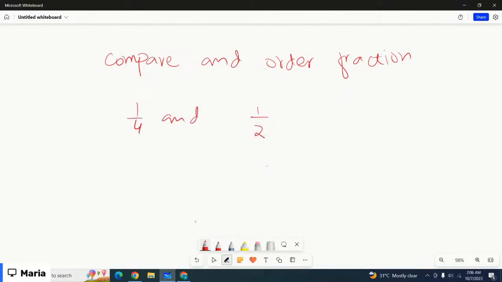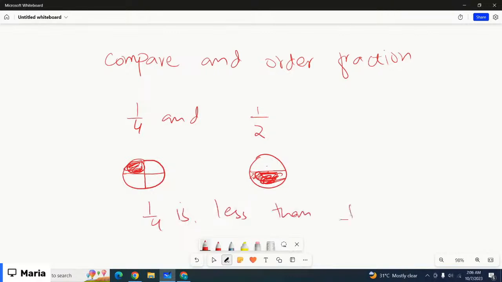We need to see which is less. 1 by 4 looks like this, only one portion is colored. And 1 by 2 looks like this. Which is less? Here only one portion is colored out of four, and here you have half of the circle colored. That means 1 by 4 is less than 1 over 2. Got it?